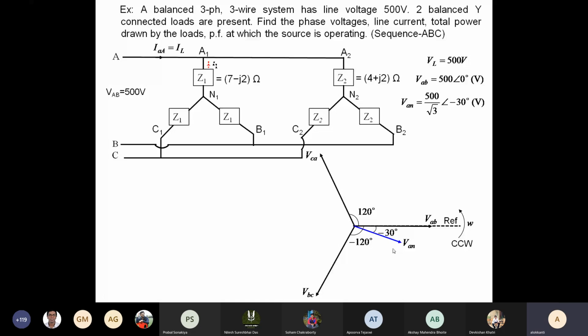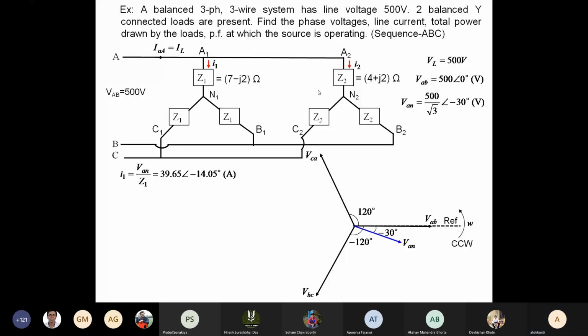Now this phase voltage VAN will result in the phase currents in the two loads. Here I have just shown the phase currents in the A phase. For the first load it is I1, for the second load it is I2. So we can write down the value of I1 and I2. I1 is VAN by the impedance, which is Z1, and you know how to do it.